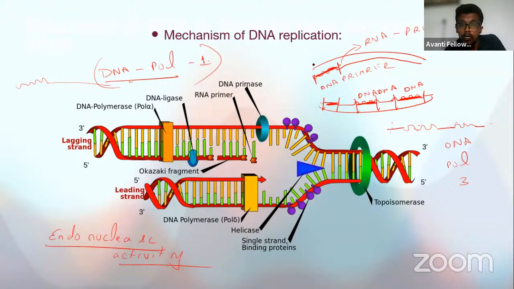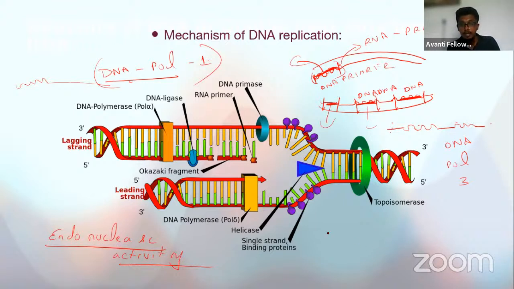Endonuclease means it will cut any part of the DNA or RNA from the whole strand. So it will come, cut off the RNA, remove all the RNA, and next it will replace the space where the RNA was with DNA, you can see.